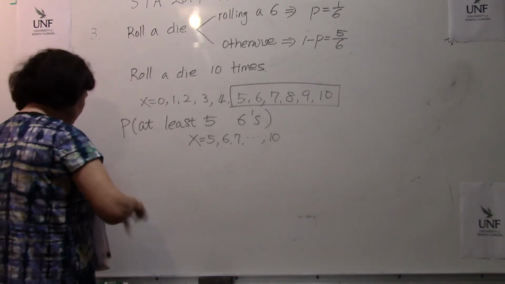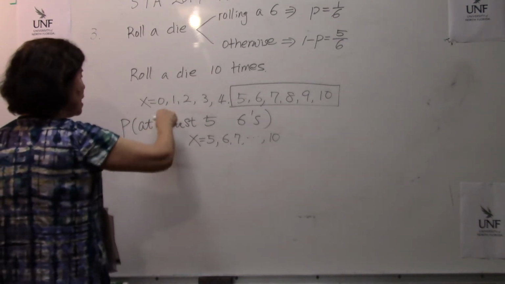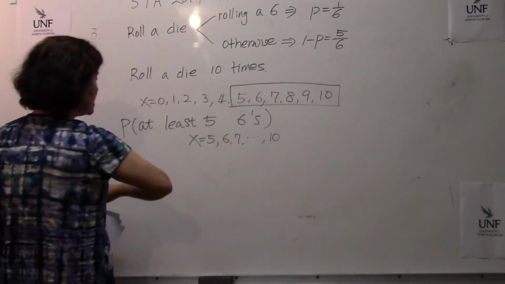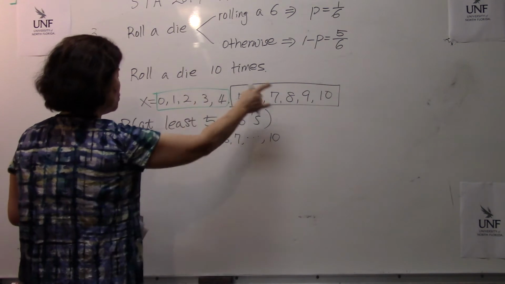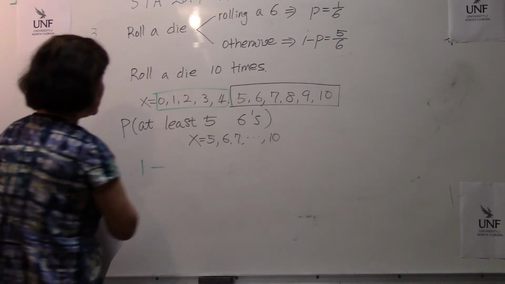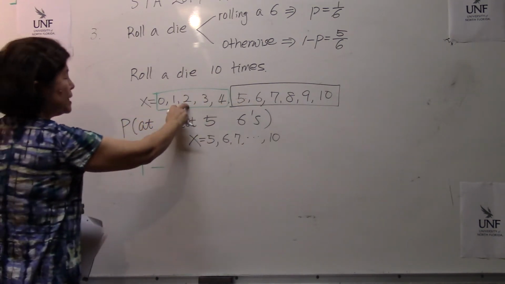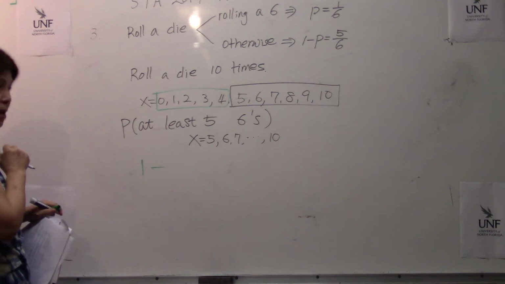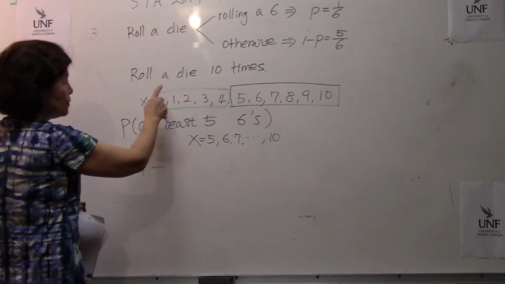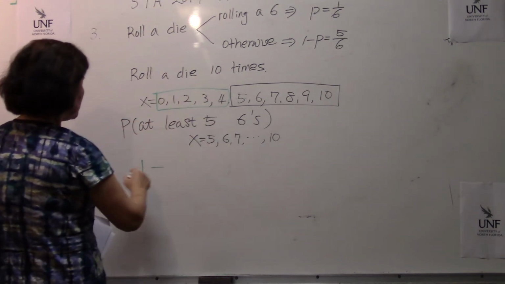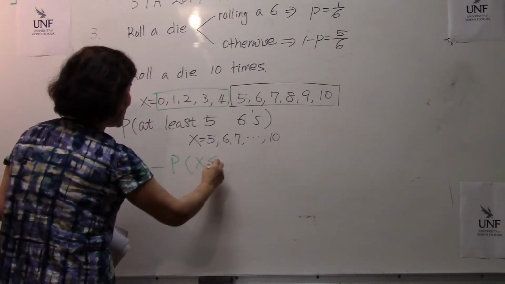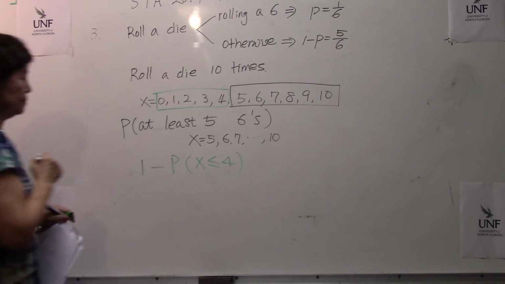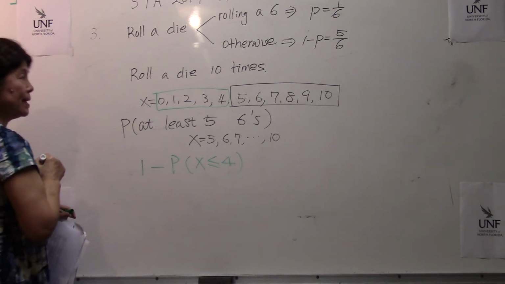So what do we have to do? We take the entire case, from here to the end, which is probability of 1, correct? So 1 minus these cases. The complementary case is going to be x equals from 0 to 4. So you can say 1 minus probability that x is less than or equal to 4. Get that?